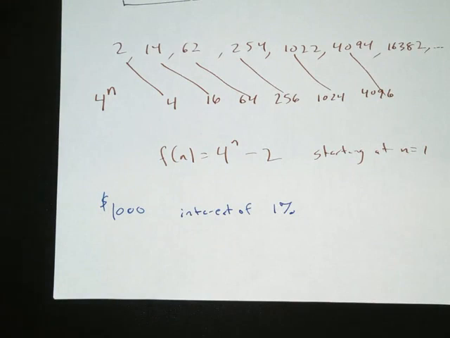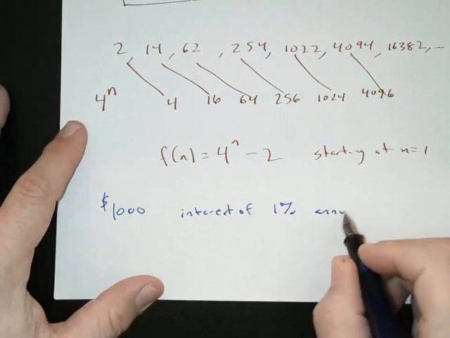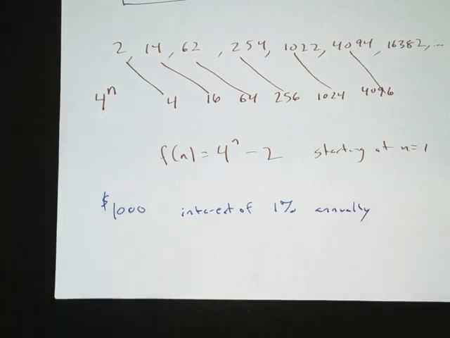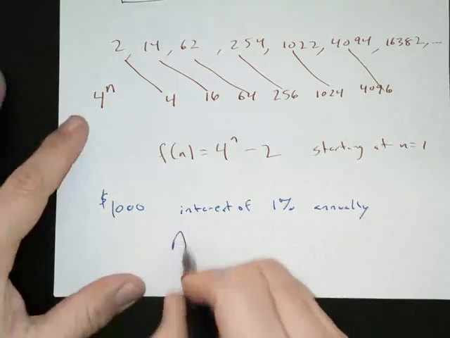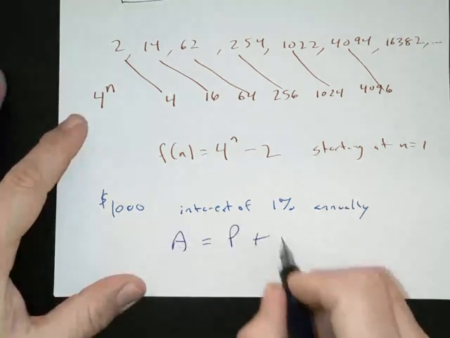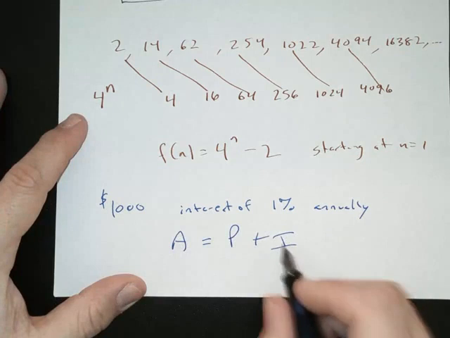A year, a month, whatever, a time unit. Let's go with a year. How much money's in the bank account at the end of the year? I didn't touch it. I stuffed it in there. I waited a year. What do I get? Get 10 more bucks, right? The future amount is the principal plus the interest.